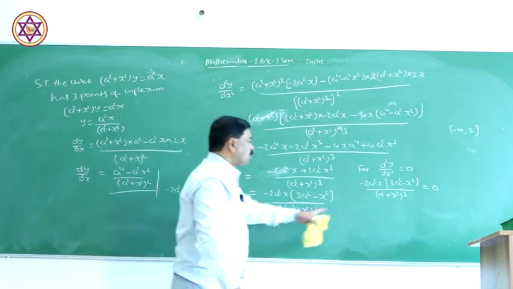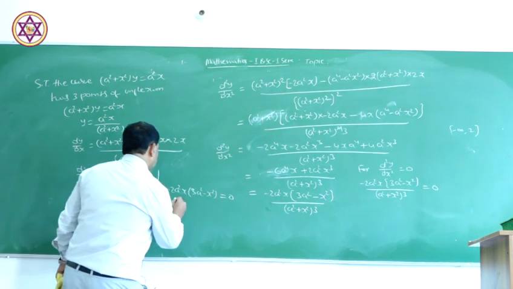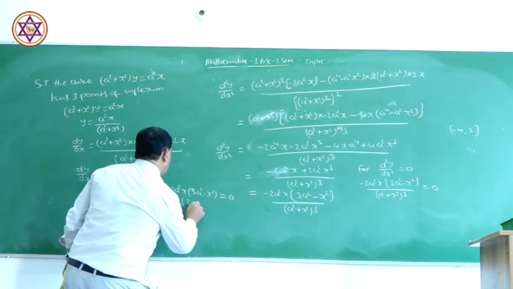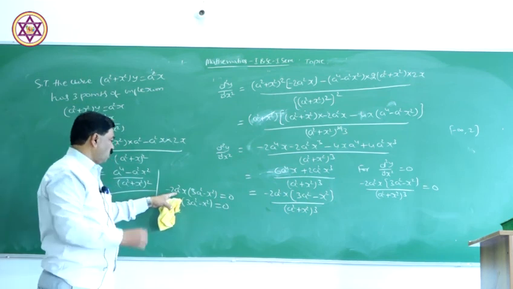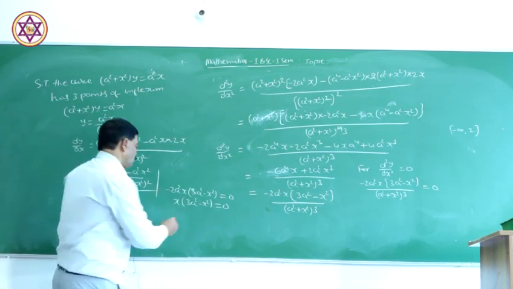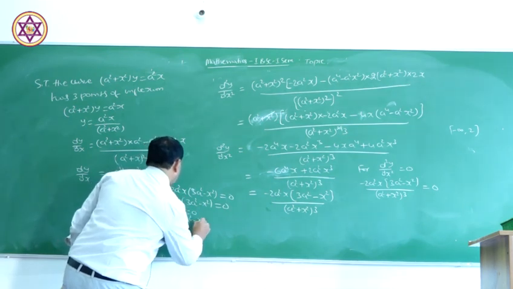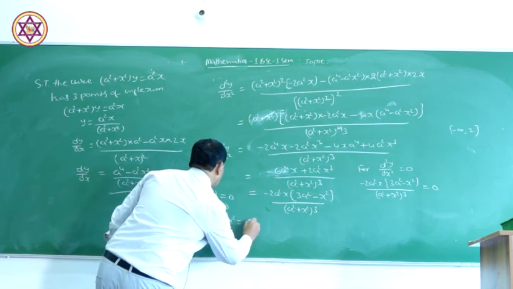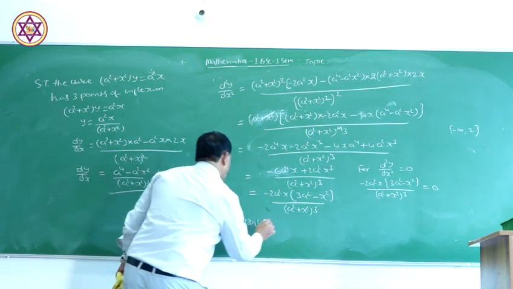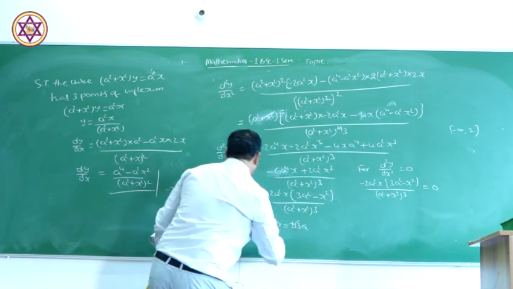This one cross multiply from LHS to RHS, 0 into any term is 0 itself. Next, x(3a² minus x²) is equal to 0 divided by 2a², equating to 0. Therefore, x is equal to 0. Next, 3a² minus x² is equal to 0. Therefore, minus x² is equal to minus 3a². Therefore, x is equal to plus or minus root 3 a.